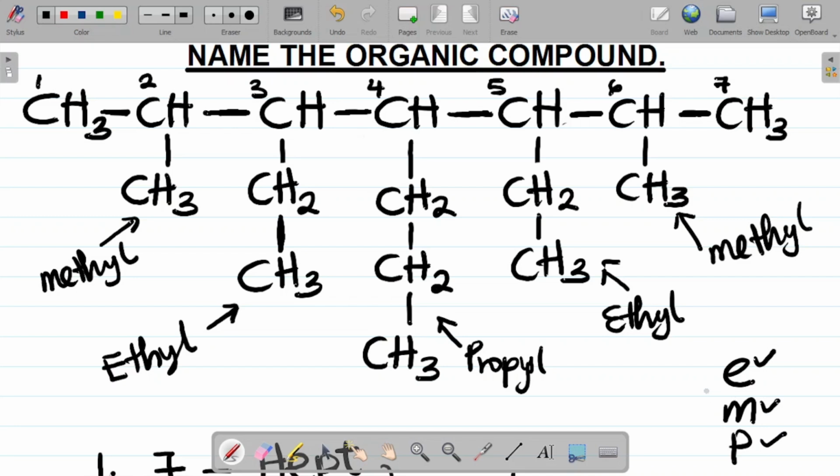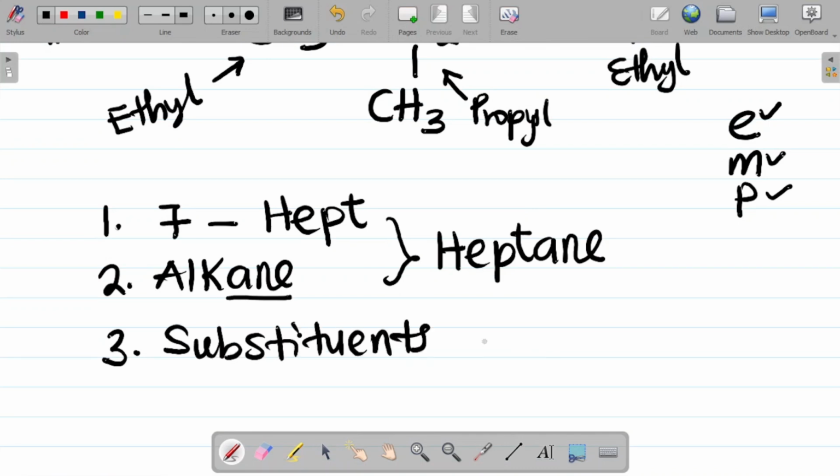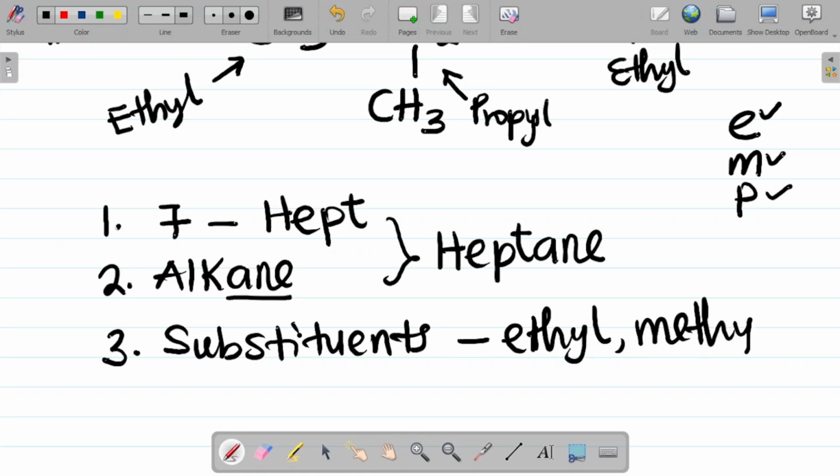Some authors will say you should take according to position, but for this, we are using alphabetical order. So let's take the ethyl first, and then methyl, and then propyl.